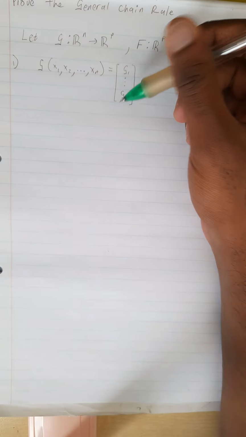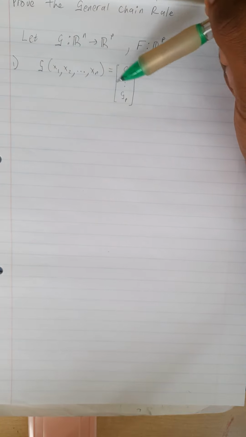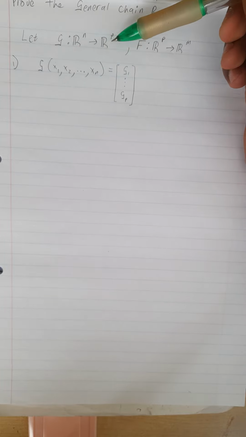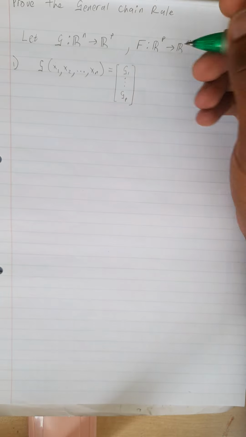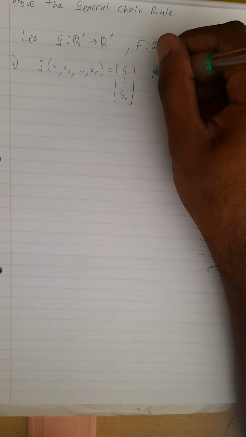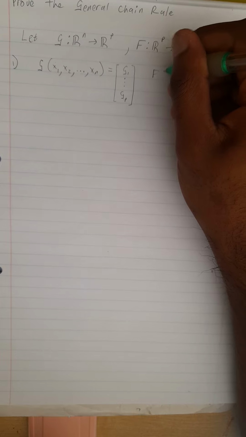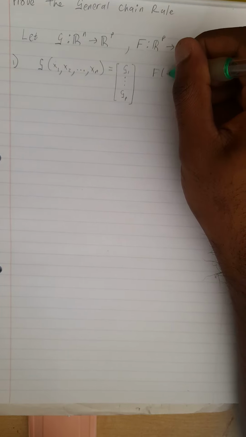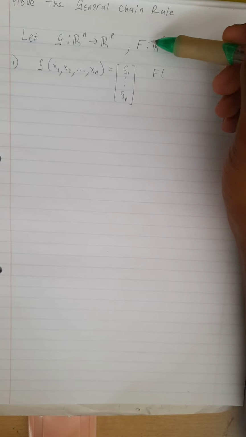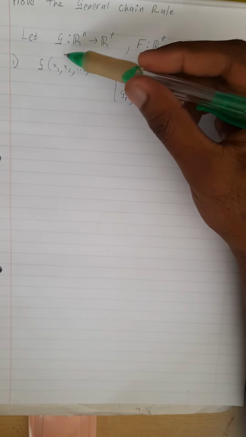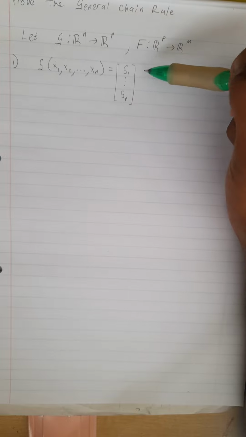And very important to notice the distinction: g is taking in n inputs and spitting out p outputs. And the same idea goes for f. f is going to be taking in p inputs. And now this is important. Notice the relationship here. f is taking in p inputs and g is going to give out p outputs.